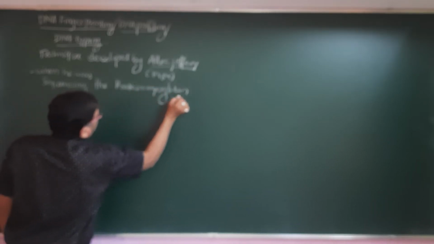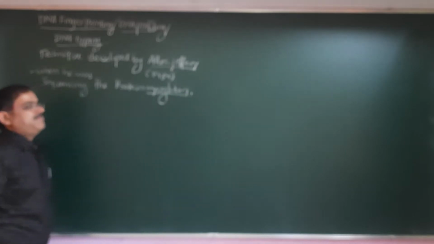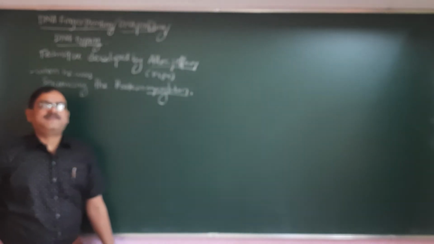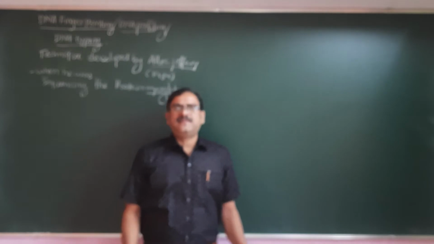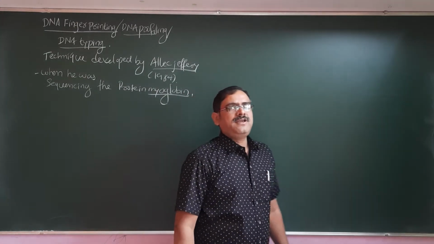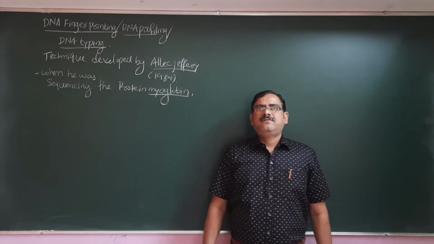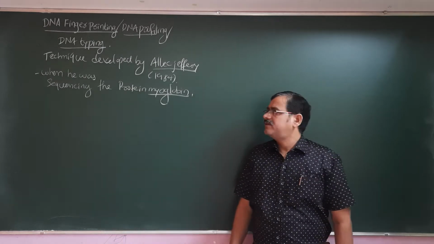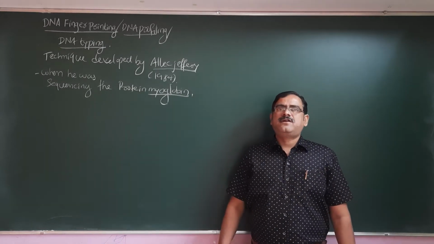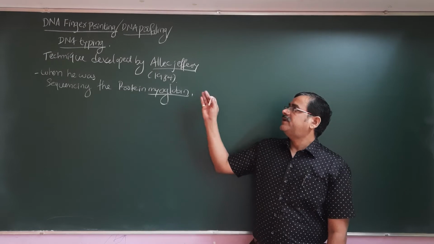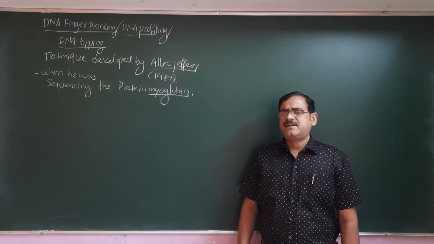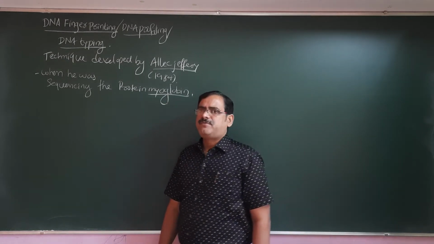What is myoglobin? It is the red color pigment, the protein present in the muscles. In the blood we have hemoglobin; like that, we find myoglobin in the muscles. He was studying the sequencing of myoglobin, and at that time he developed this technique called DNA fingerprinting or DNA profiling.